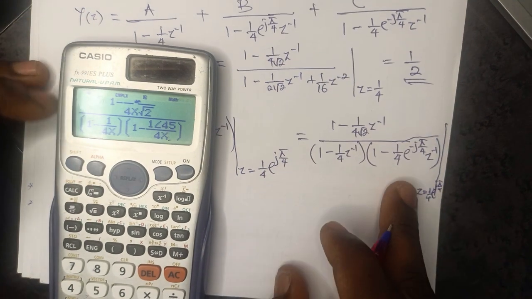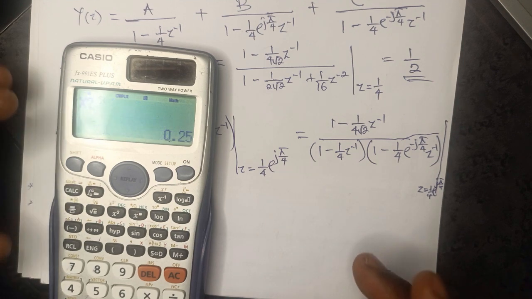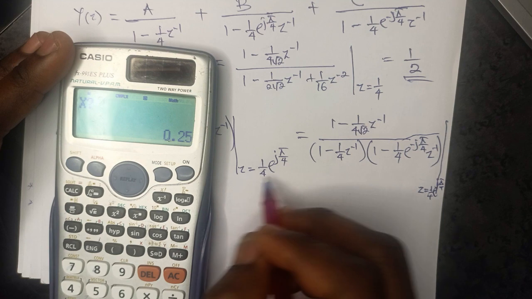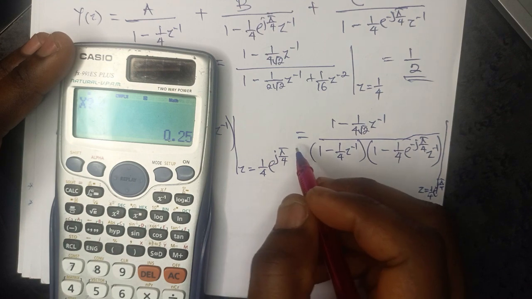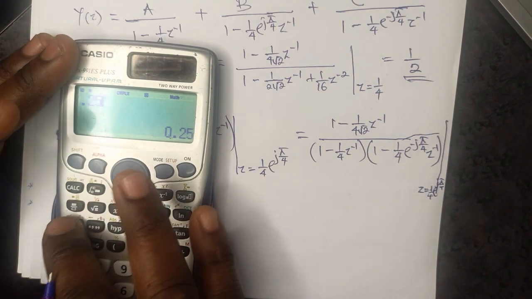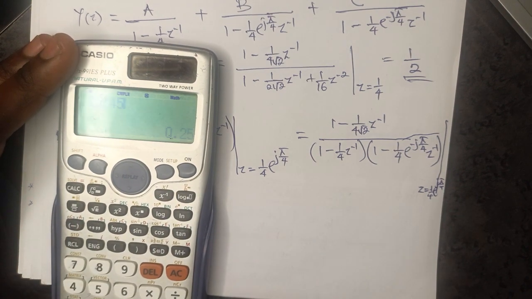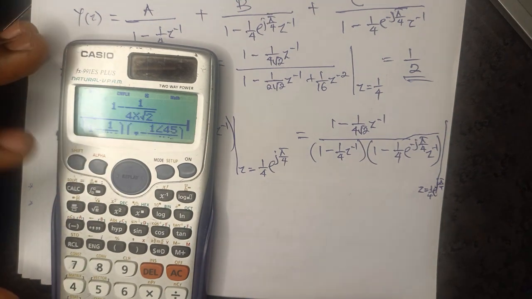So now that we have written this expression like this, we just need to click on calc. We want to put the value of z, which is this expression here. And what is this expression? It is 0.25 argument 45. So we just need to wait. Okay, there is an error.